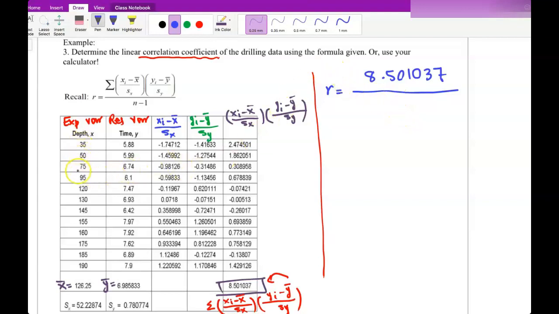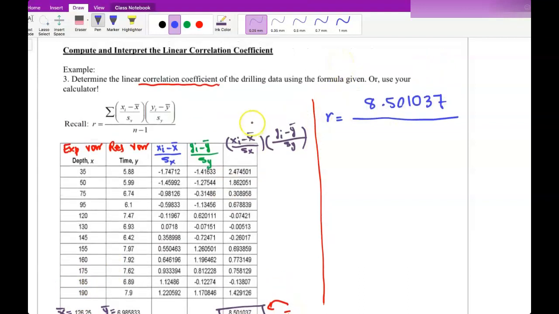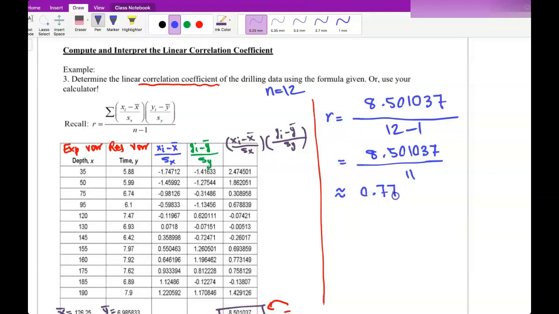How many numbers do we have here? We have 12. So n is 12. We have 12 minus 1, divided by 11. Rounding it, it's 0.773.